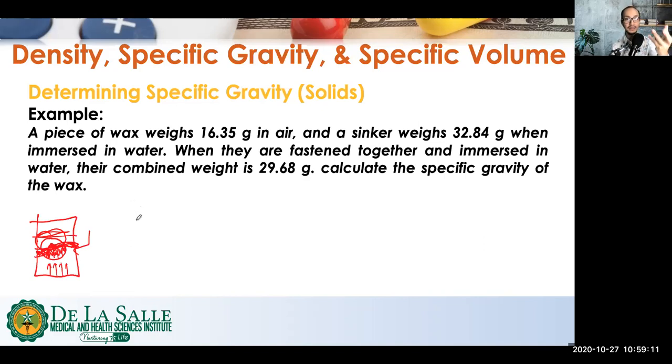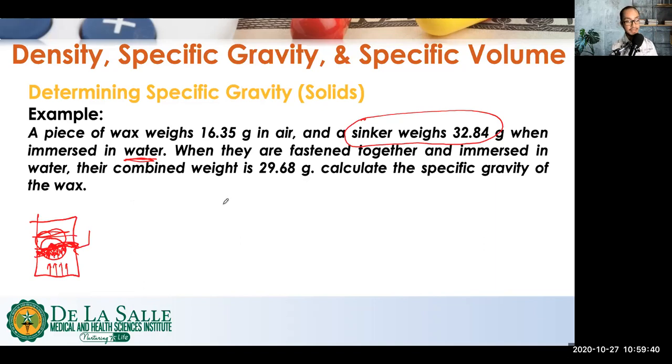So it will drag down the material. Now, you need to know the weight of the sinker when it is immersed in water, because you will remove that from your formula. I hope that is clear.